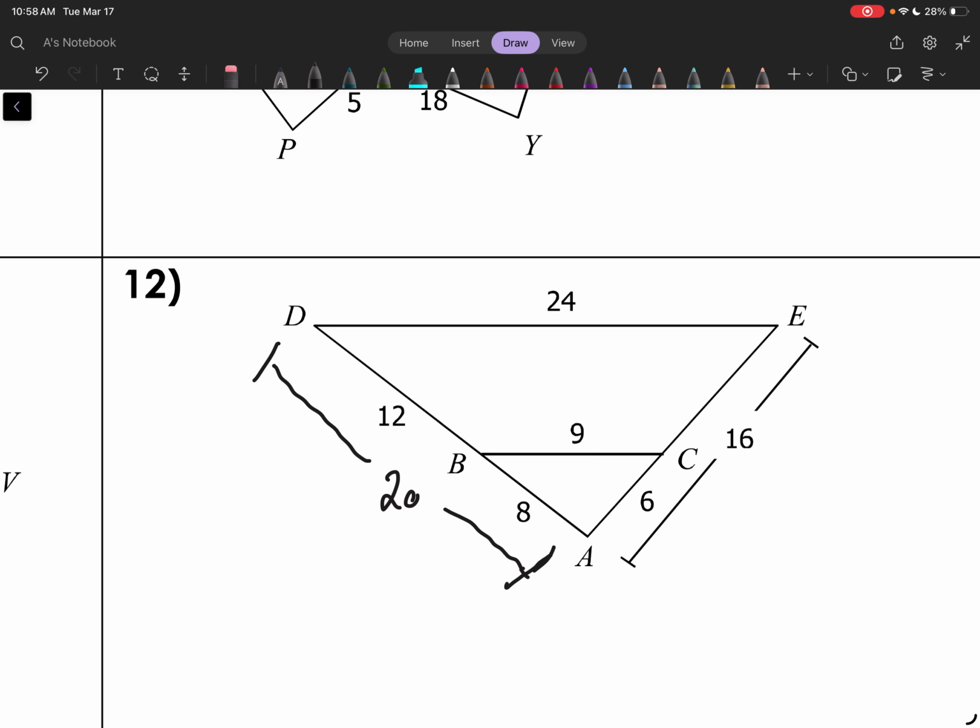I can do everything else now. So my longest side is 24 for the big triangle and 9 for the smaller triangle. My smallest side is 16 for the bigger and 6 for the smaller. And the middle is 20 and 8.